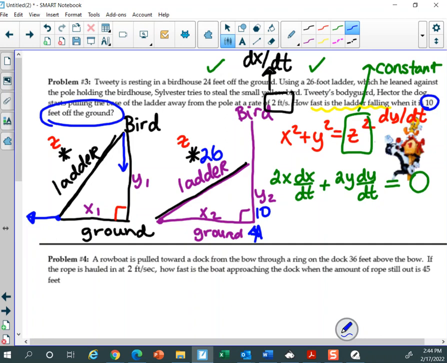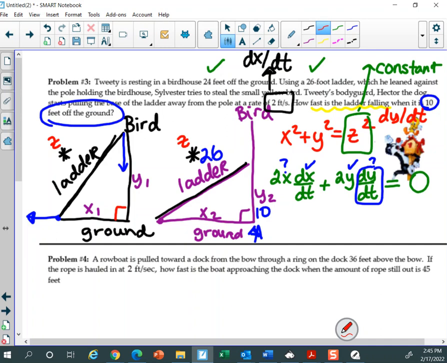So if I look at my relationship that I've taken my derivative of, I need this x. If I get that x, I've got dx/dt, I've got y. This is what I'm looking for. So this is what the problem's about. But I'm going to need x to finish this problem.